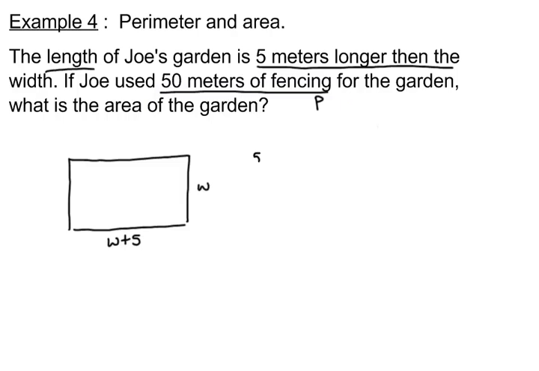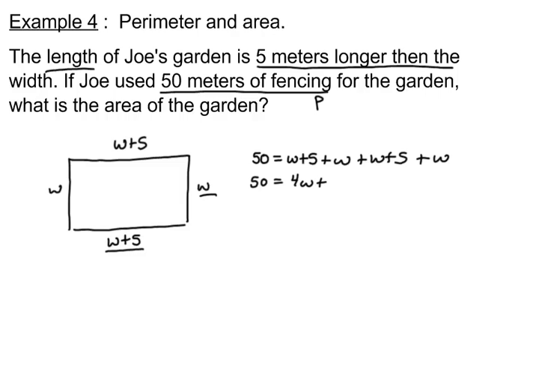So then my 50 is equal to W plus 5 plus W plus the top, which is W plus 5, plus the left side, which is W. Now I just solve for W. So I've got 50 is equal to 1, 2, 3, 4, 4W plus 10. Subtract 10.